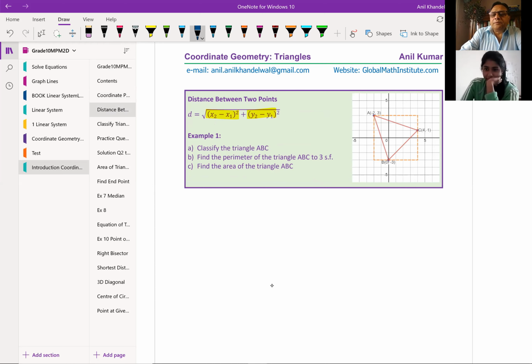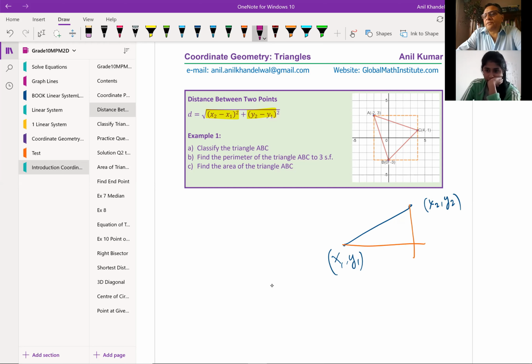So for example, if I have a point here and there, then we are saying these coordinates are x1, y1, correct? And the other coordinates are x2, y2. In that case, what is the distance between these two? Well, let me just draw a vertical line and a horizontal line, and they're going to meet at a right angle, correct? So you've seen that this is like a squared plus b squared is c squared.